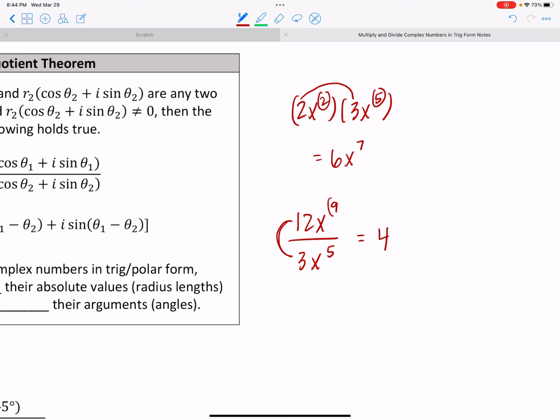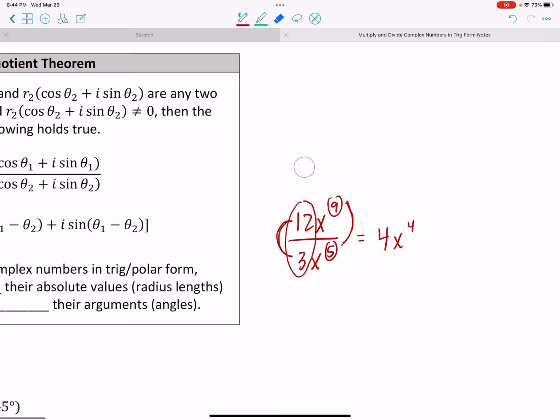What happens to the exponents here is we would subtract and we would get x to the 4th. So it's the same thing for the quotient of our complex numbers. I'm going to end up dividing. In this case, it will be radius lengths, and then I will end up subtracting the angles.